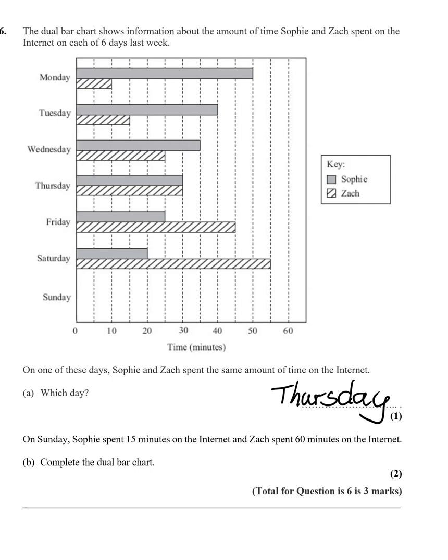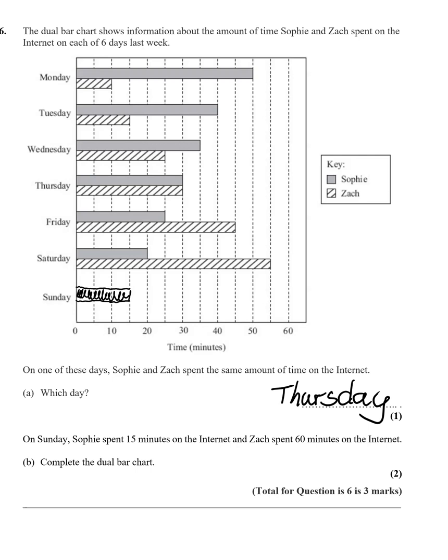Okay, on Sunday, Sophia spent 15 minutes on the internet and Zach spent 60 minutes on the internet. Complete the dual bar chart. So we need a bar for each. So Sophia spent 15 minutes. So we need a bar to 15, so halfway between 10 and 15. And that needs to be all shaded in.